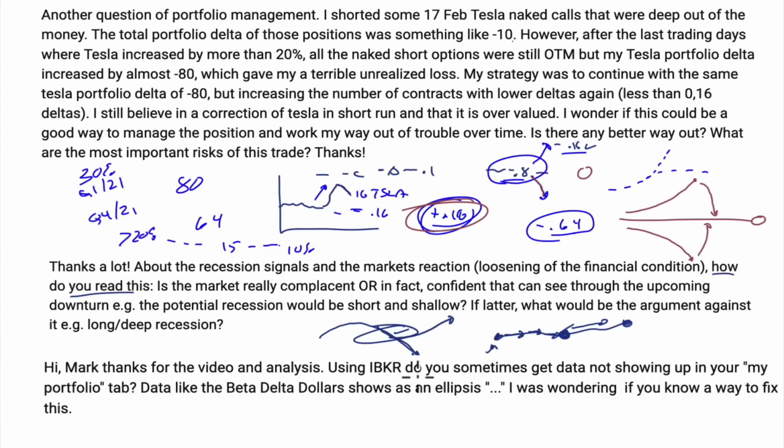So I read it that way, that there's a certain momentum in the leading indicators right now that simply doesn't make a sharp right turn. Is the market really complacent or in fact confident that we can see through the upcoming downturn? It is split. You can have five to ten analysts on Bloomberg in the morning and half of them will say, no, we see a recession coming up, and they have good data to back it up.